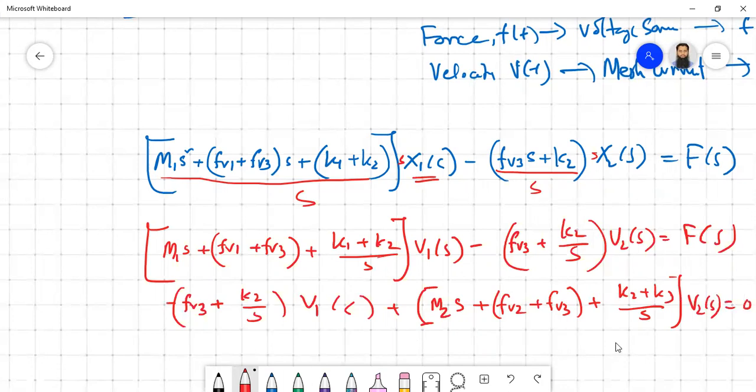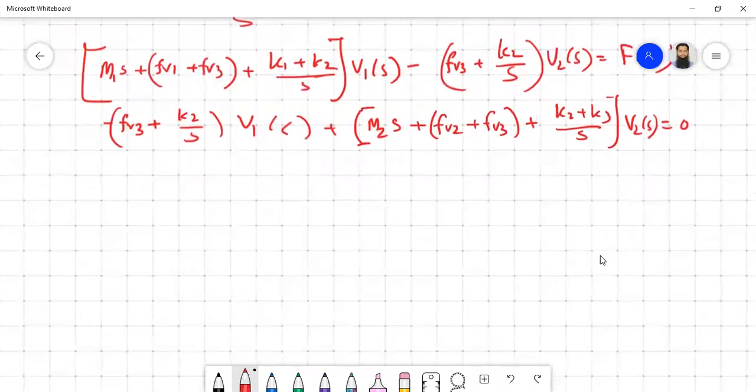Now, these two equations we have to represent by electrical components.